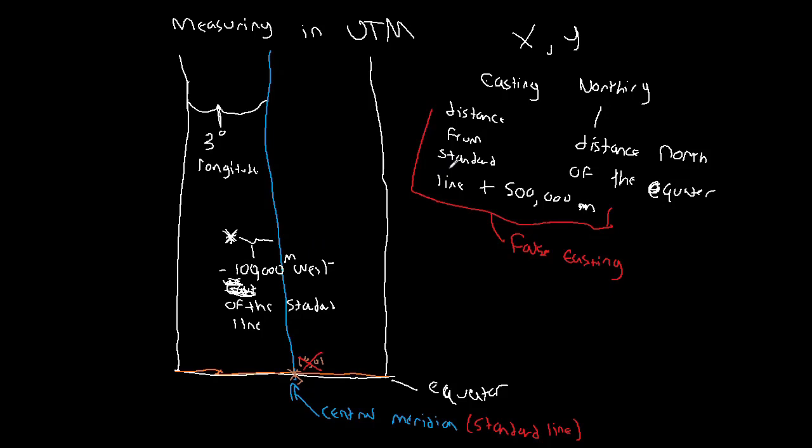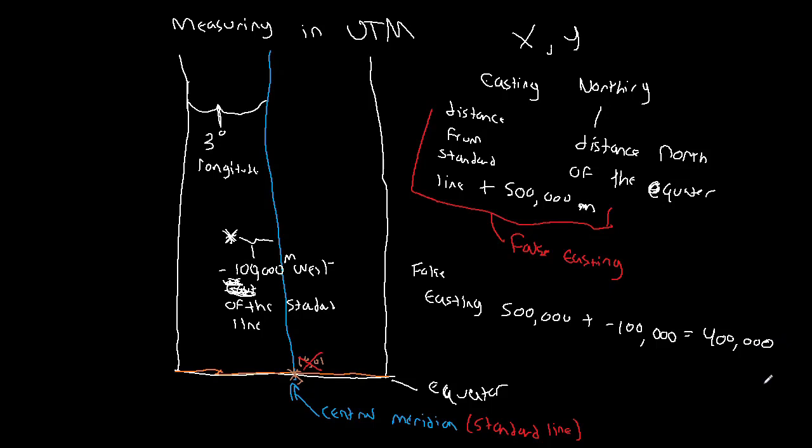But because we add the 500,000 meters, the actual easting of this example would be 500,000 plus negative 100,000, because we're west of the standard line. Meaning our actual false easting is going to be 400,000. Okay.